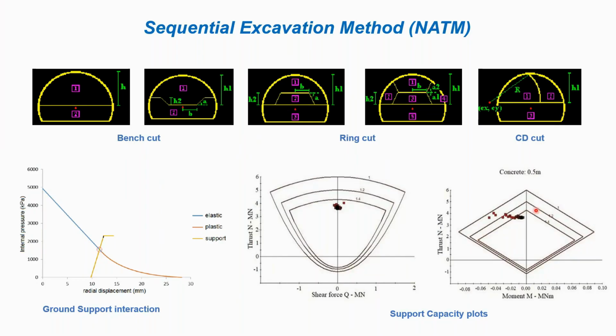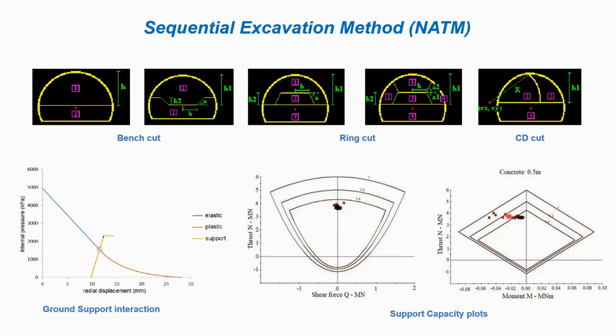So here these factor of safety envelopes are created, and after the analysis, whatever shear force or bending moments we get across all the points of the tunnel lining are plotted in terms of these kind of graphs.